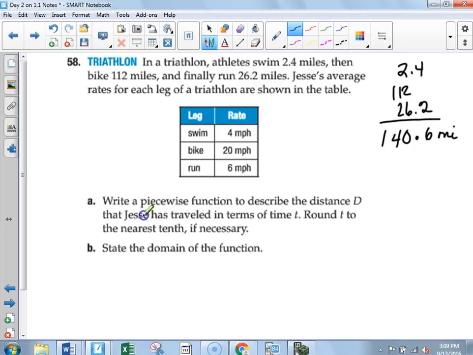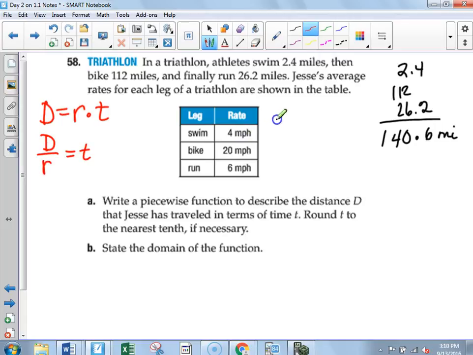And we're supposed to write a piecewise function that deals with time. Do we know anything about time right now? We know distance and we know rate, and we're looking for time. Does that sound vaguely familiar? Yeah. Distance equals rate times time. How could we rearrange that to get time?